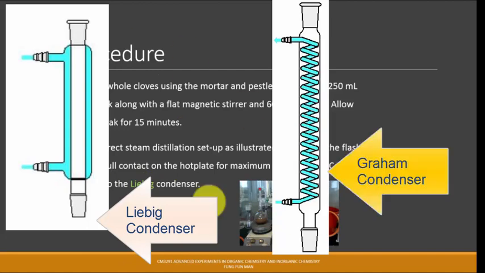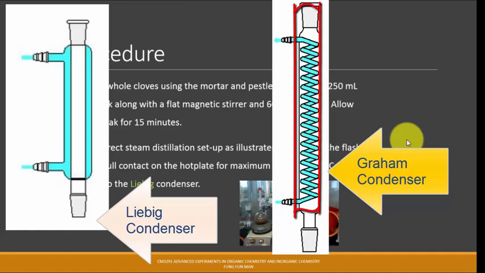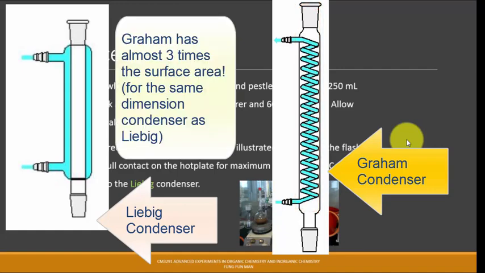For a Liebig condenser, water will go into the condenser and surround the main internal tubing. Whereas for a Graham condenser, we have many small channels that go through the internal part of the condenser, so we allow for a larger surface area for the condensation to occur. So the Graham condenser is a bit more effective and efficient compared to the Liebig condenser.